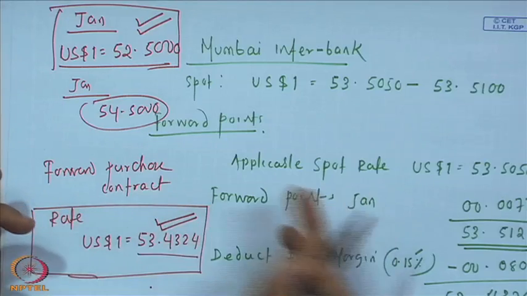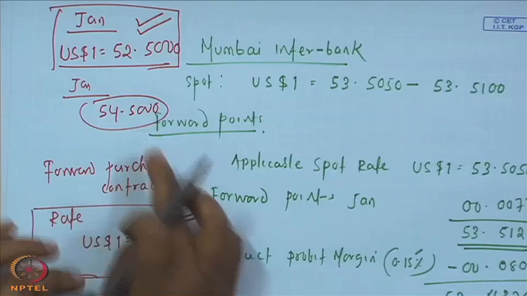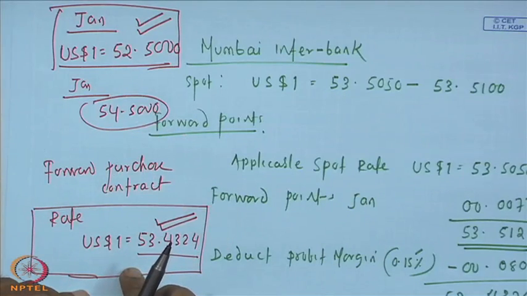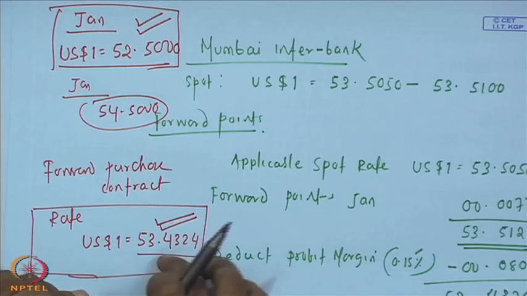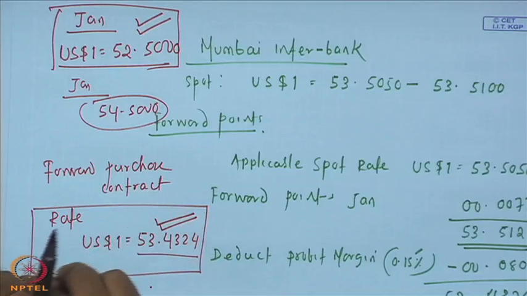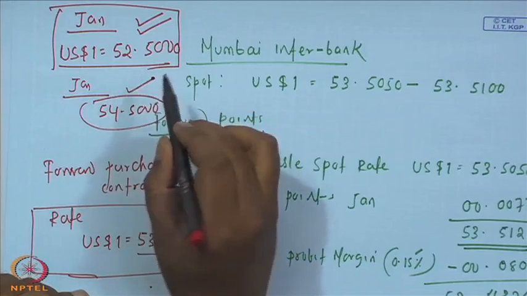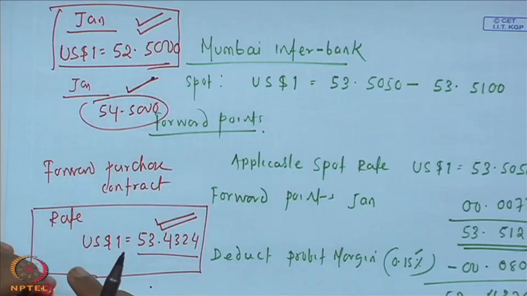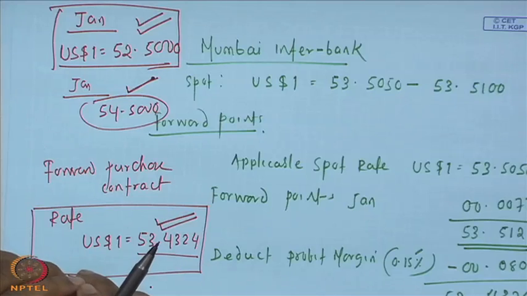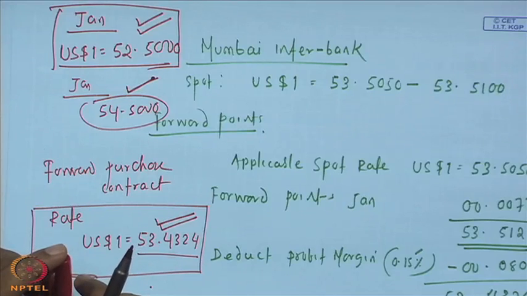The dollar market will purchase dollar at 54, but the exporter is getting 53.4324. Then the question is, what will the exporter do? The exporter may break the contract, pay the fine and convert the export earning at the available market rate of 54 rupees per dollar. This is an advantage for the exporter also.